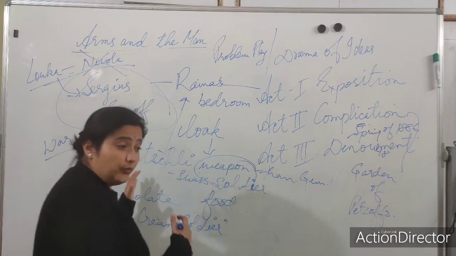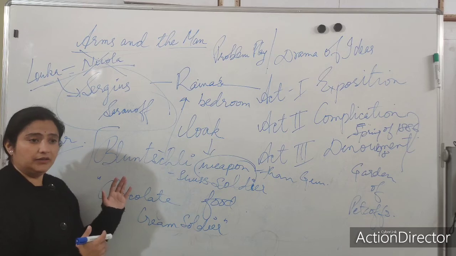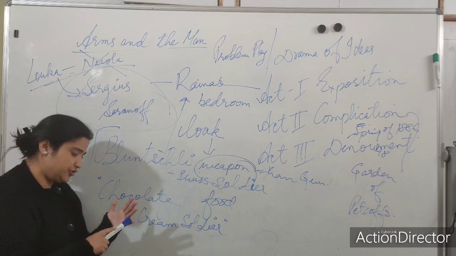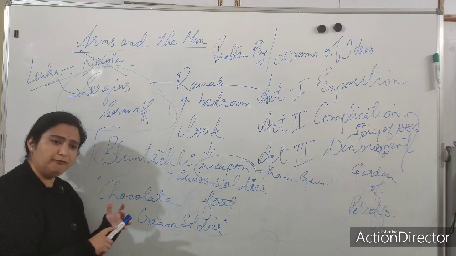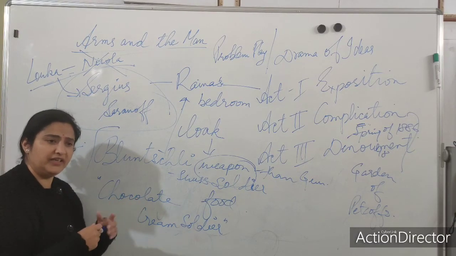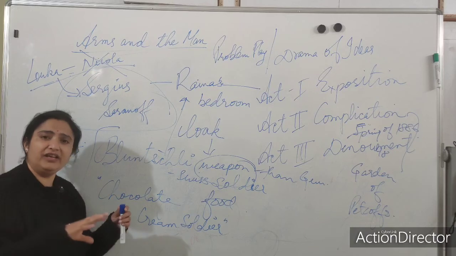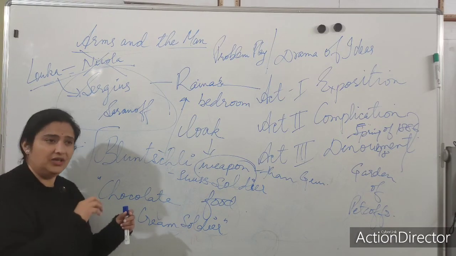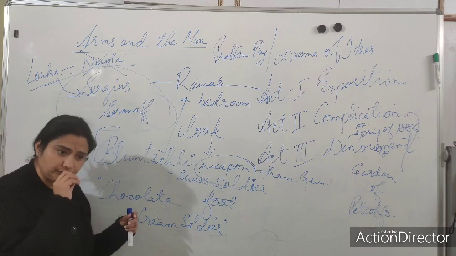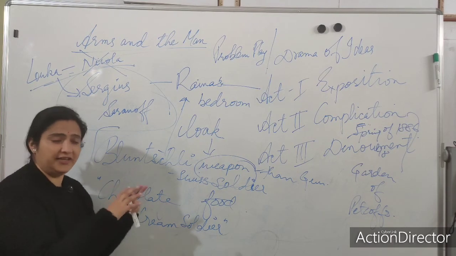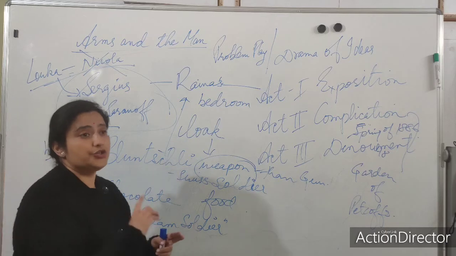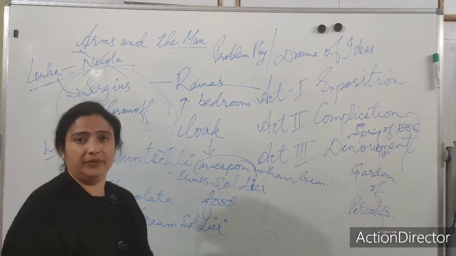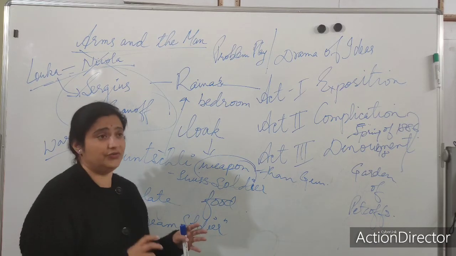And this Bluntschli only makes an effort, I would not say makes an effort, but when she learns that he carries chocolates and he's not working for patriotism, he's working for money, those notions of bravery as far as war is concerned are all shattered. Through these events and actions of various characters, Shaw has, what should I say, critically condemned war as such, right?